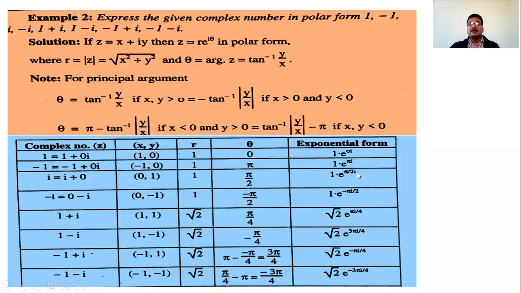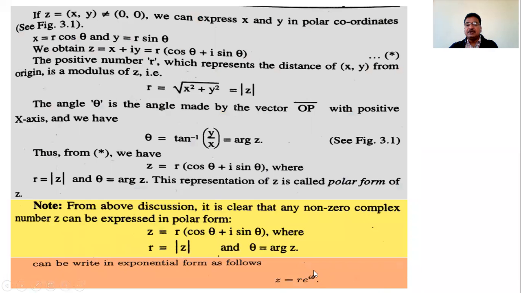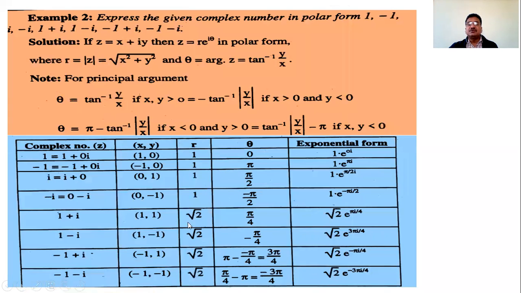And therefore its exponential form is root 2 e raised to i pi by 4. This is r into e raised to i theta, where r is root 2 and theta is pi by 4. So this is the exponential form.